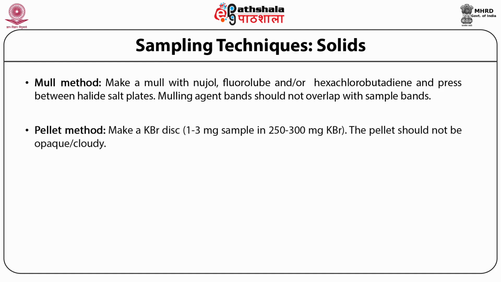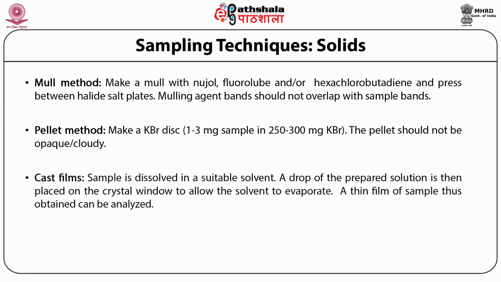Pellet method. Make a KBr disc with 1 to 3 mg of sample in 250 to 300 milligrams of KBr. The pellet should not be opaque and cloudy. Cast films. The sample is dissolved in a suitable solvent.